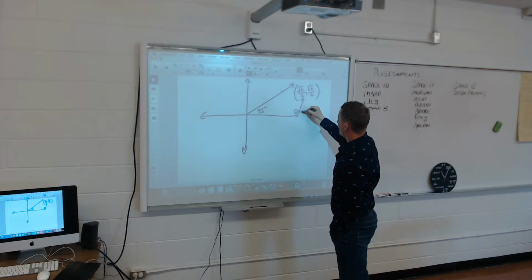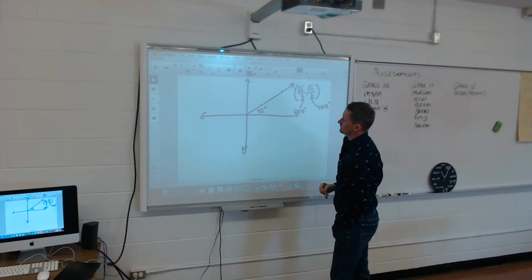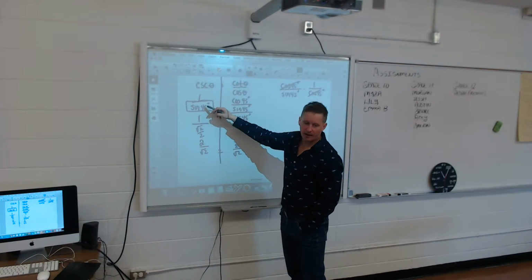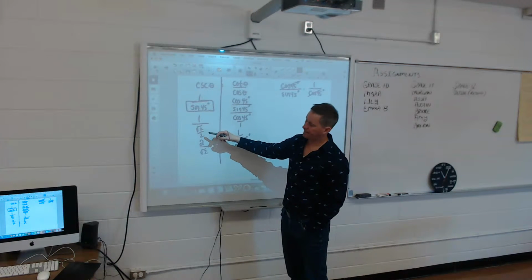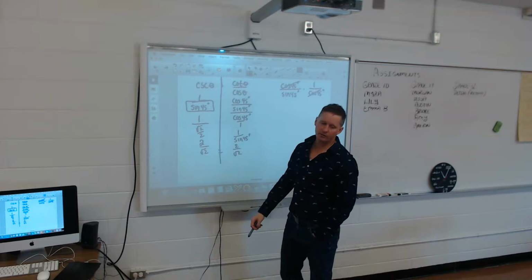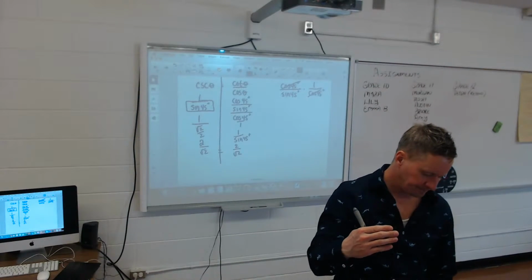That's cos 45 degrees. That's sine 45 degrees. So substitute in, instead of sine 45 degrees, I put in 1 over root 2 over 2. And then when it's 1 over it, I just reciprocate it to get 2 over root 2.